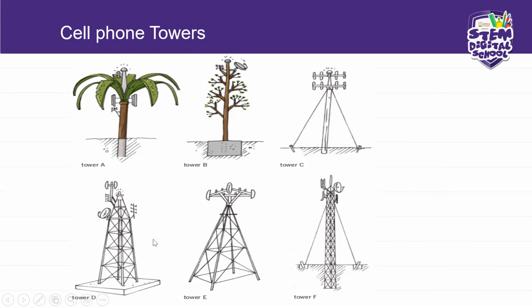And then Tower D is a steel frame structure, and it is upholding that unit which is used for signal, the satellites and everything. And there's Tower E, another frame structure, and so is Tower F, another frame structure of a different design.